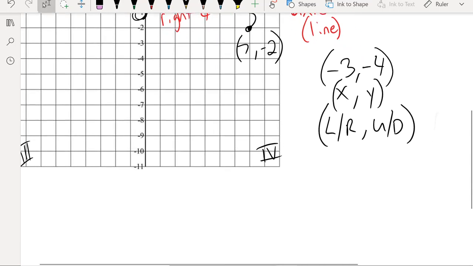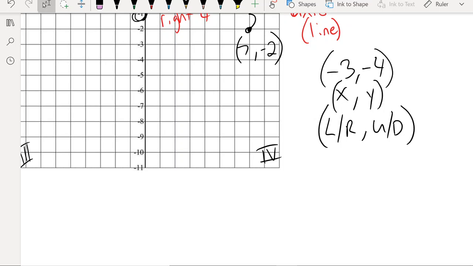X always goes left or right, and then Y always goes up or down. It never changes. So we just need to figure out which way. I already told you earlier that a negative either means left or down. So left is negative, right is positive, up is positive, down is negative.